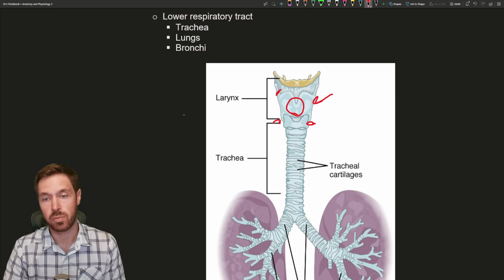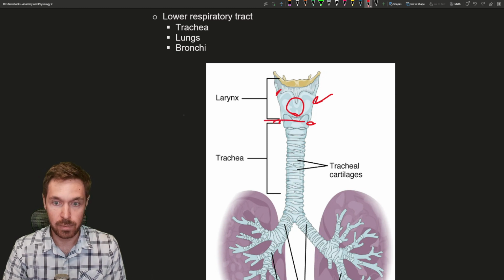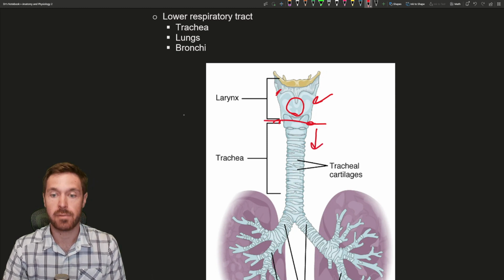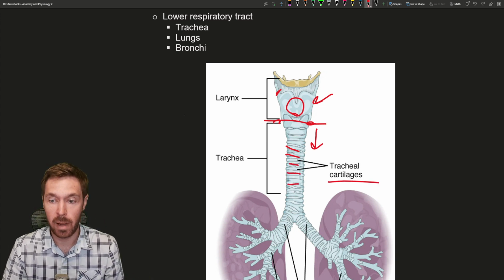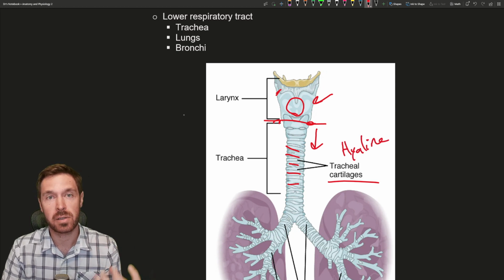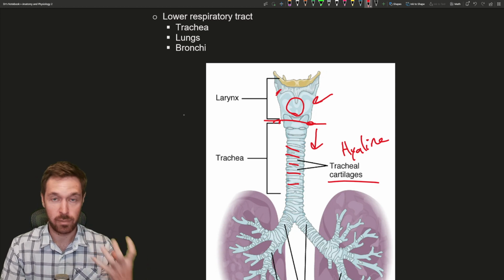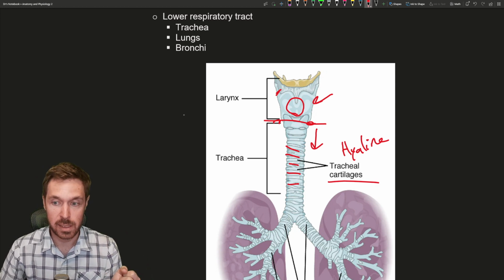And that kind of shows where the bottom of the larynx is. And below that, you have the trachea, which is a nice round shape, and it keeps that shape by these tracheal cartilage rings, and it's made up of hyaline cartilage. There's also a muscle in there called the trachealis muscle, which, if you're coughing, it's what's contracting.